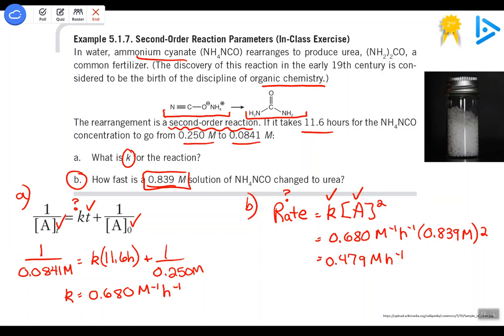Okay, so there we go. The rate at this higher concentration would almost be 0.5 moles per liter per hour.